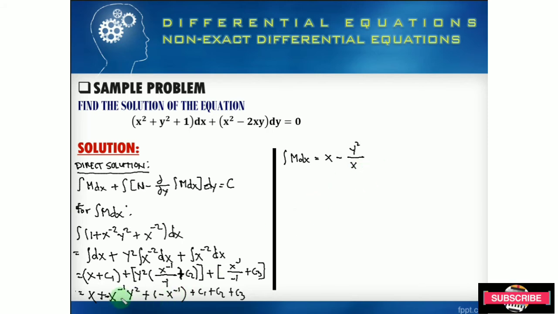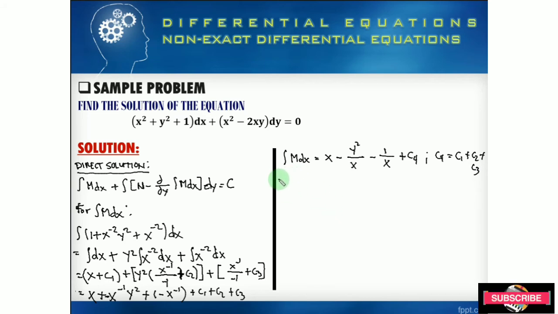And then since we put this down, this x raised to the negative 1, we have this minus 1 over x, and we will assign plus c4, since we are going to assign this c4 equal now to c1 plus c2 plus your c3. Okay, so we are done with this integral of m dx.